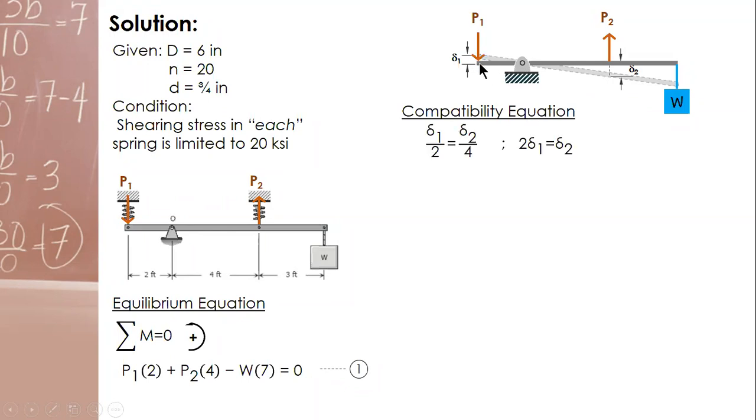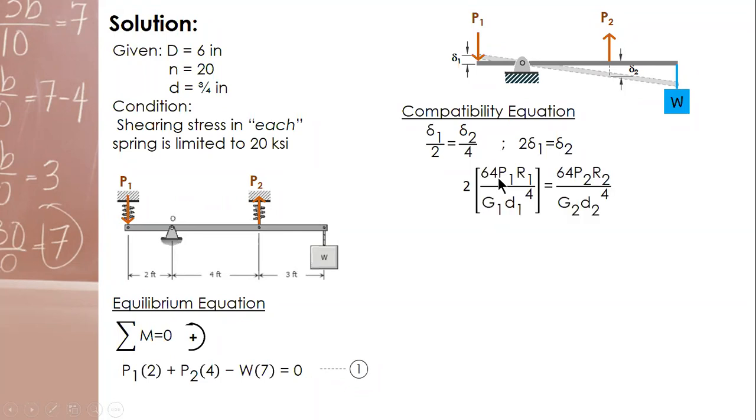So delta 1 over 2, delta 2 is to 4, and then simplify, we have 2 delta 1 equals delta 2. And replace delta with 64PR cubed n over Gd to the fourth.